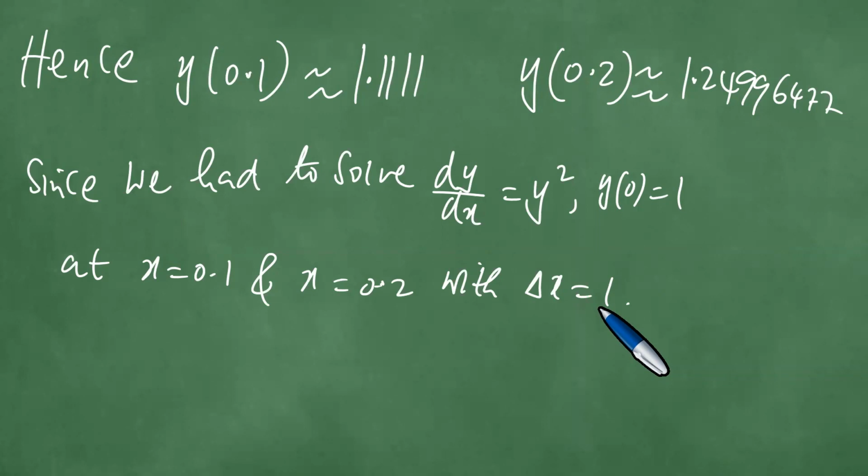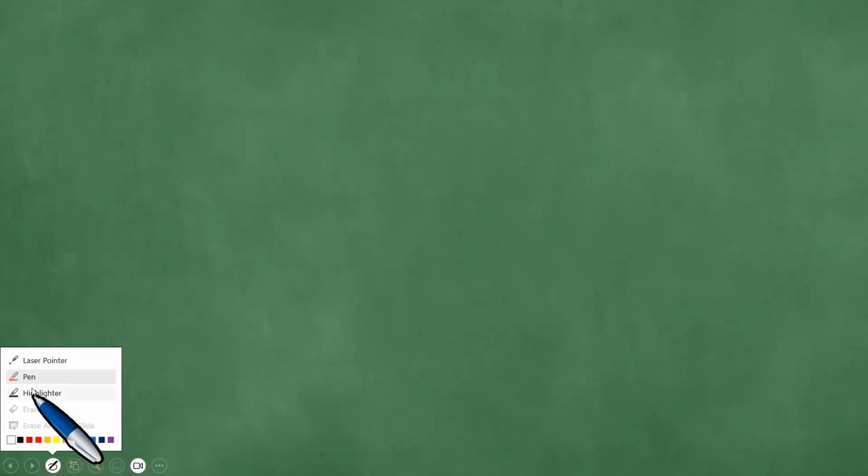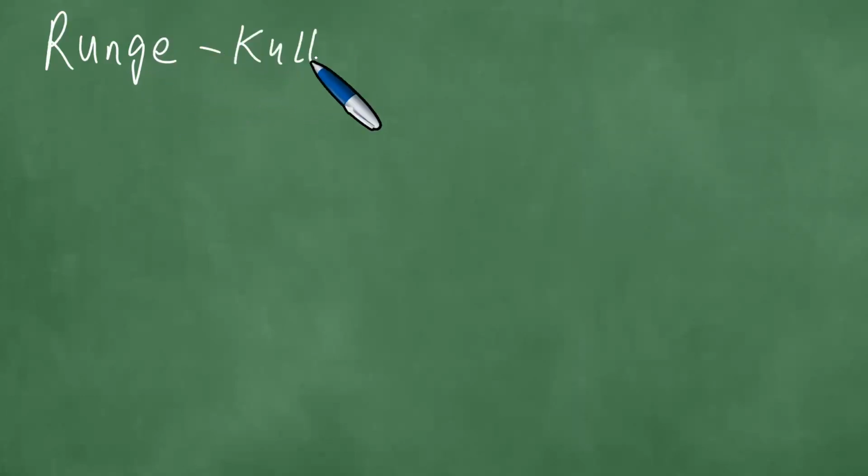Okay, I want us to spend some time on Runge-Kutta as well. So let's discuss Runge-Kutta. Runge-Kutta is extremely important. But now there's Runge-Kutta of different orders, order 2, order 1, and so on.